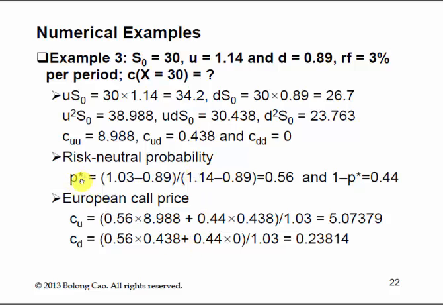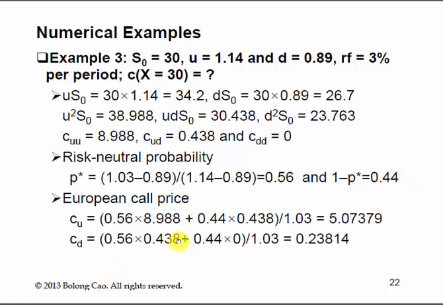So the upstate risk neutral probability is the risk-free rate minus the downstate proportion, 1.03 minus 0.89, divided by the distance between the up-down proportions, 1.14 minus 0.89. We got 0.56. And the downstate risk neutral probability is 0.44.